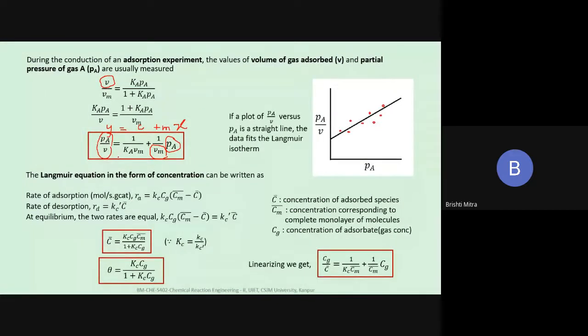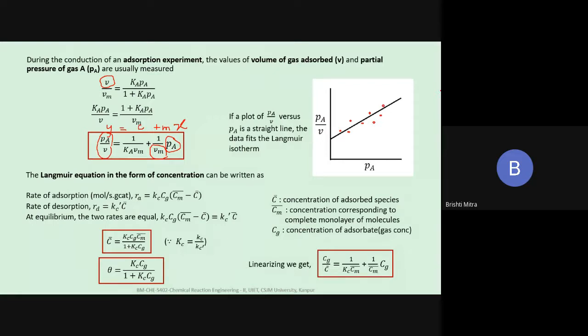So this is done when we carry out an experiment using a gas, and we measure the partial pressure and try to find out if a particular gas which is undergoing an adsorption process actually fits the Langmuir isotherm or not. So we take the experimental data, we plot the values of PA by V versus PA, and if I get a straight line, then I say that, okay, this system follows the Langmuir isotherm.